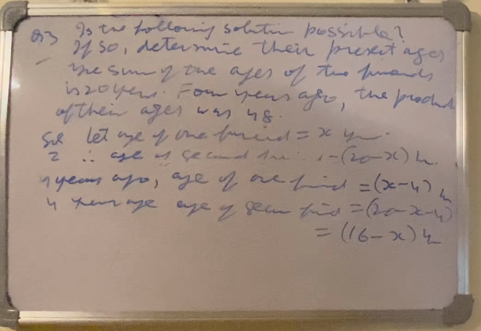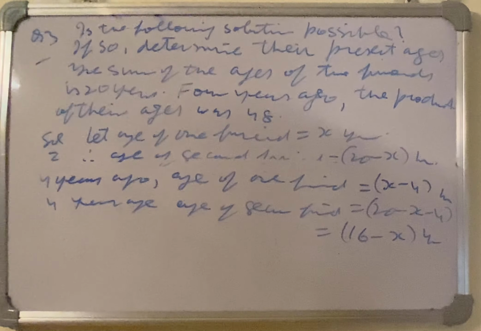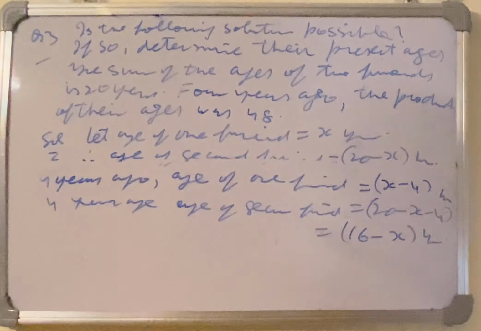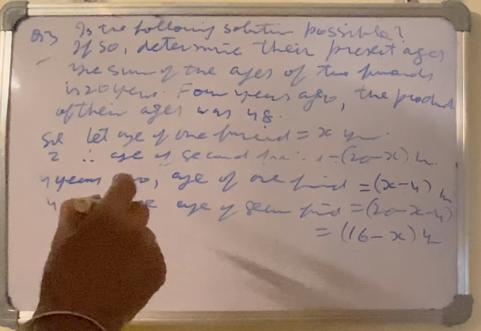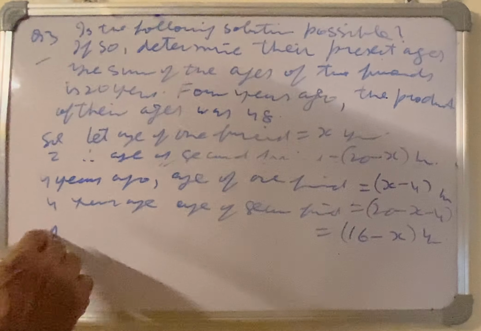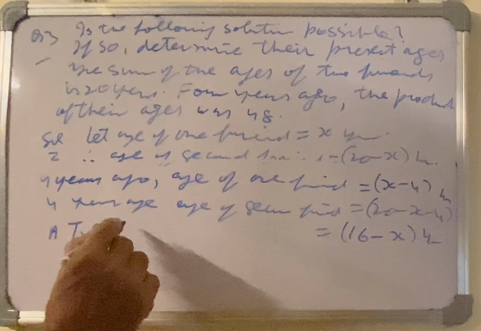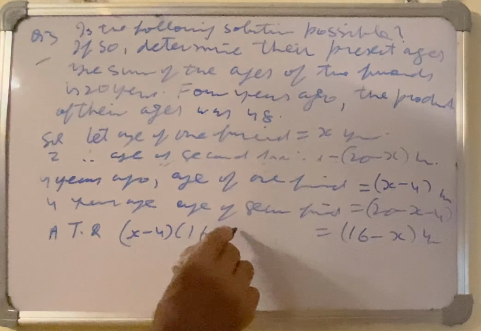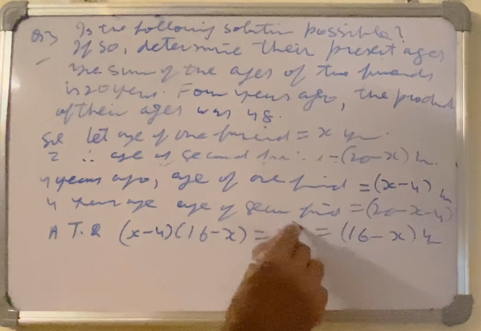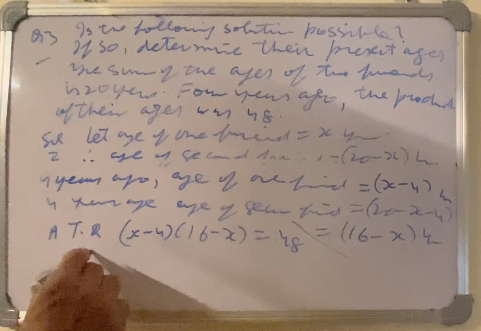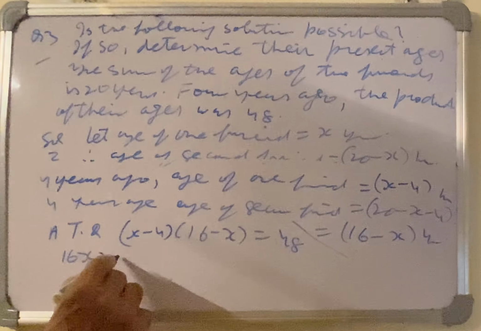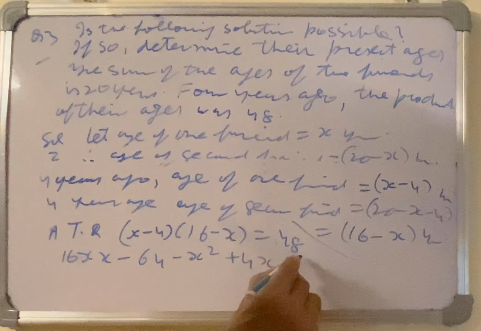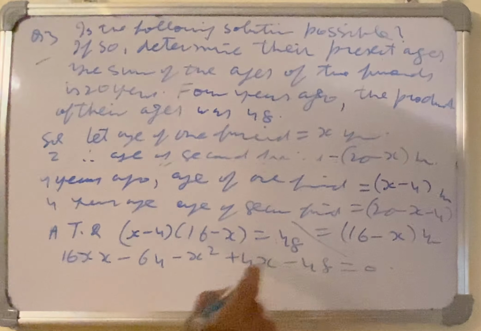Now the product of 48 is the ages of 4 years ago, not the present ages as we have done earlier. So we will have to take 4 years ago according to the question. x minus 4 into 16 minus x is 48. Now we shall solve this. 16x minus 64 minus x square plus 4x minus 48 is equal to 0.